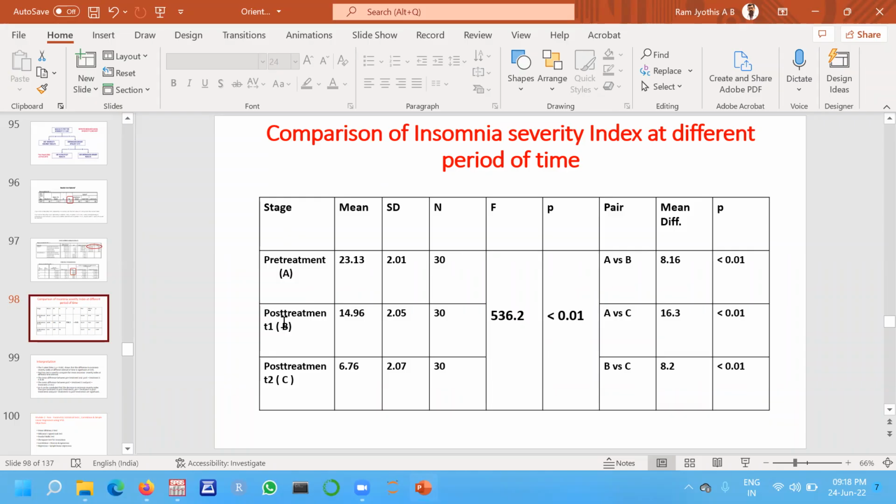Then pre-treatment and post-treatment 2 is 16, almost double. Post-treatment 1 and post-treatment 2 difference is 8.2. So the differences are almost the same. This is a little difficult to understand, but when you practice it with the data, it will be easy for you.